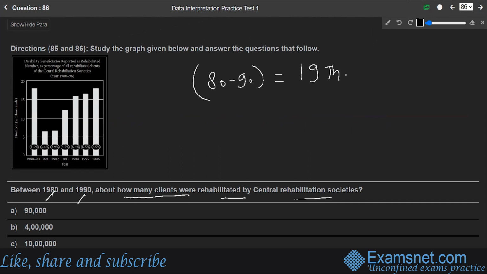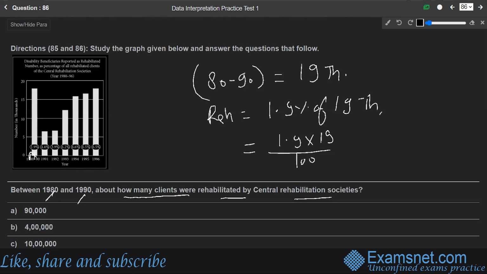And how much is the percentage value? 1.9%. So the rehabilitated people would simply be 1.9% of 19,000. If we calculate this further, it comes out to be 1.9 into 19 over 100, so 1.9% of 19,000 people have been rehabilitated, and this comes out to be somewhere around 10 lakh.